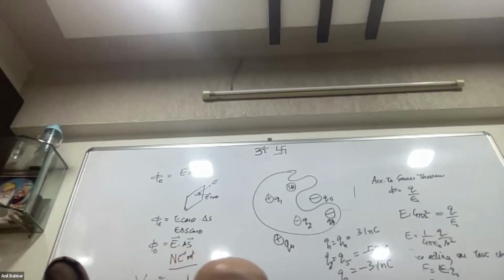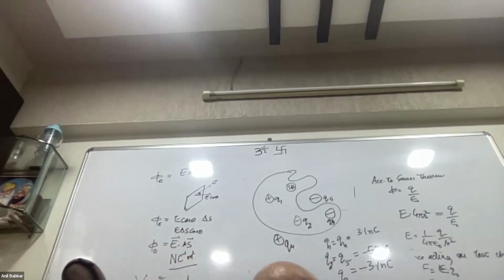So simply adding it, 3.1 minus 5.9 minus 3.1 whole into 10 to the power minus 9 upon value of epsilon naught, which is 8.85 into 10 to the power minus 12, right?